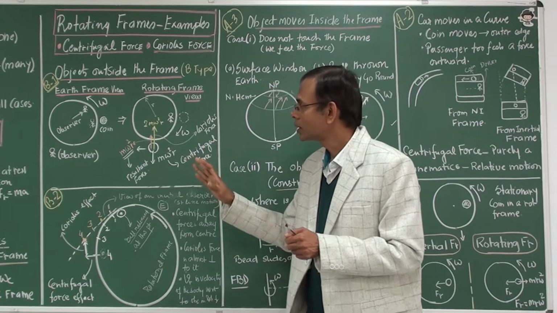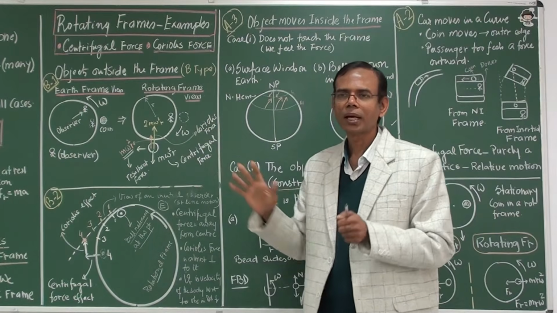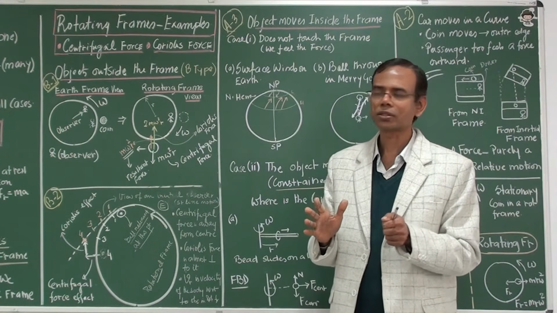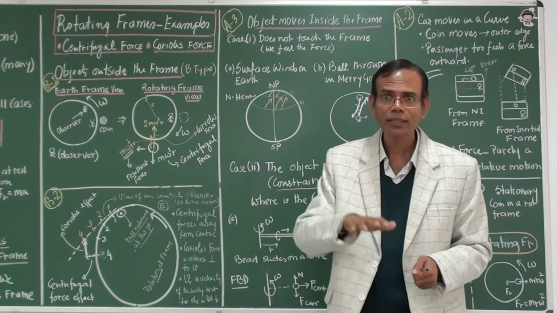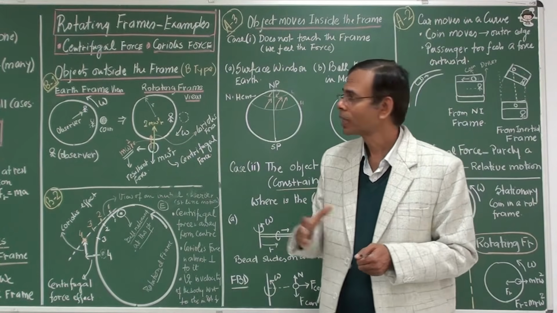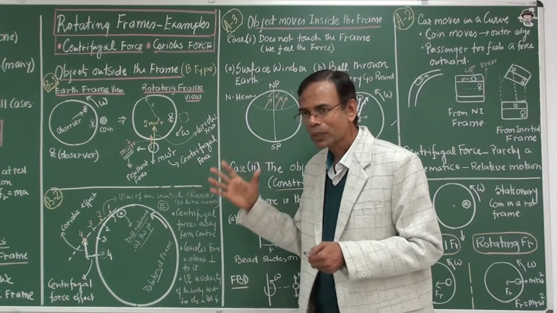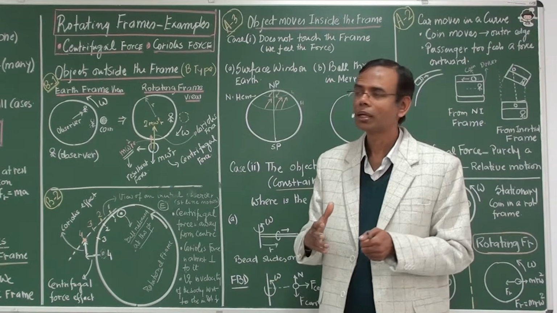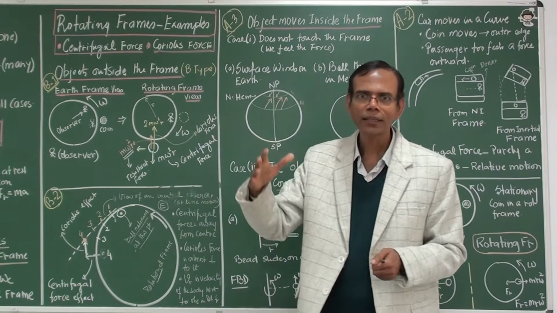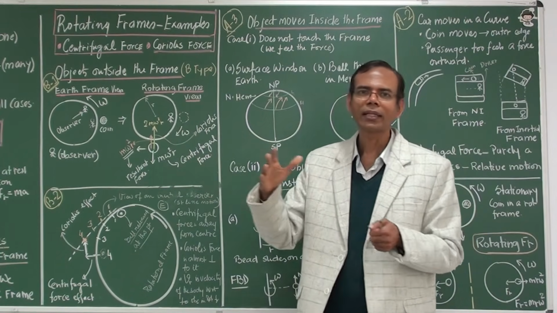Here it is purely outside the system and it wants to be in its state of rest. So how do I observe? Because I am an observer and I am accelerating, with respect to myself, what do I see? The relative motion between the observer, the frame and the object.